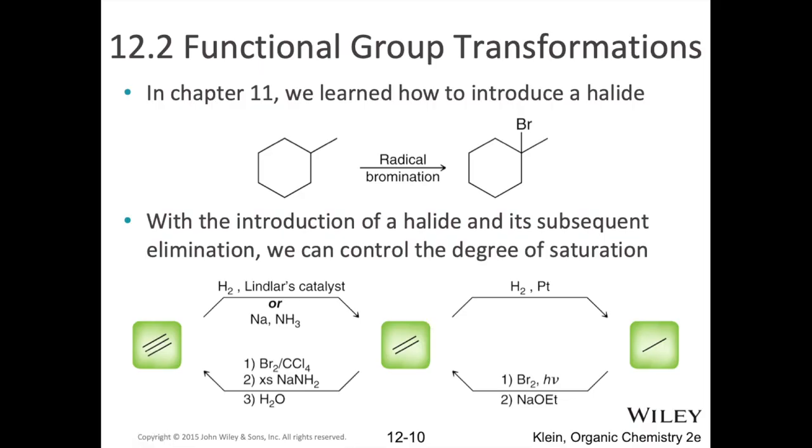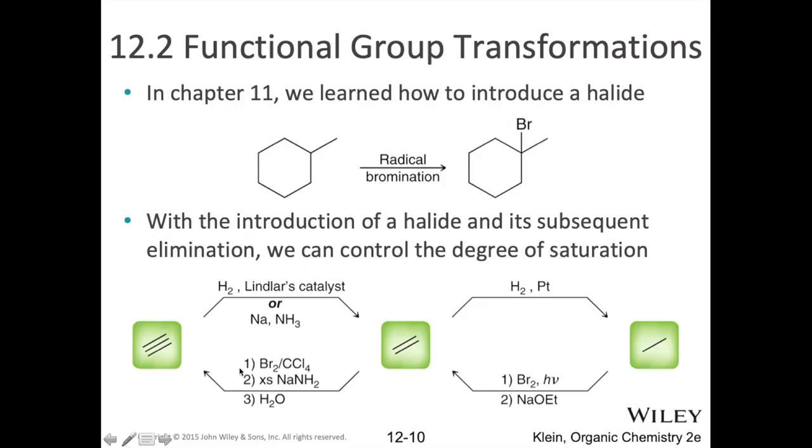We also saw in chapter 11 that if you start off with an alkane, which is a really lousy chemical to deal with when starting off a synthesis, the best way to get started there is to introduce a halogen. As soon as you've got a halogen, now you've got a great leaving group, and there's a whole host of reactions you can do. So it's something to keep in mind.